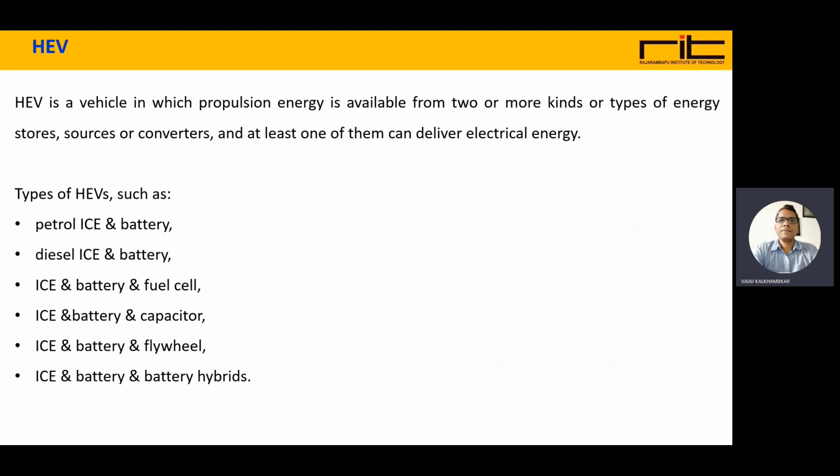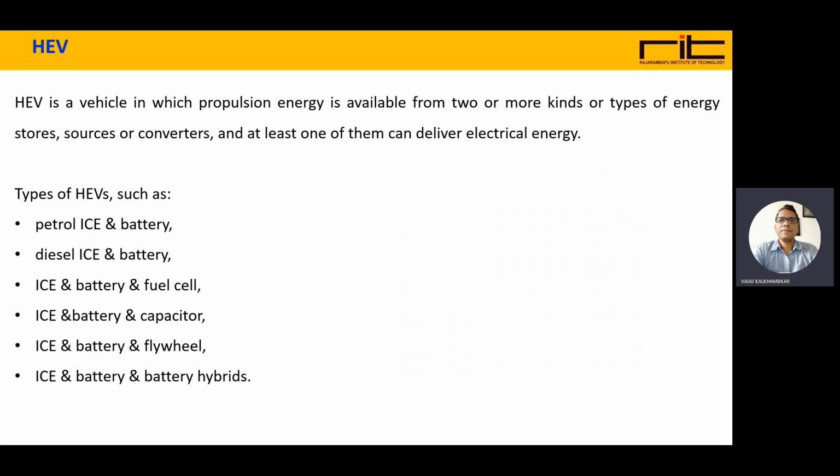A hybrid electric vehicle is a vehicle in which propulsion energy is available from two or more kinds of energy sources, and at least one of them can deliver electrical energy. That is, one is the electrical energy source. So there can be various types of hybrid electric vehicles based on these sources.